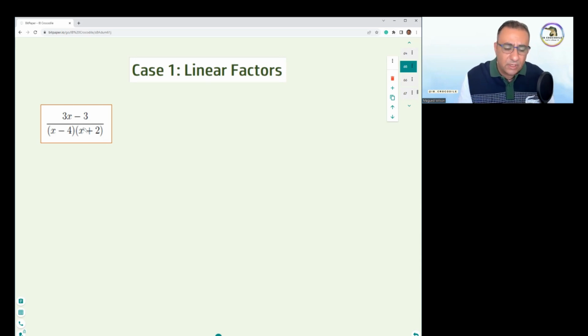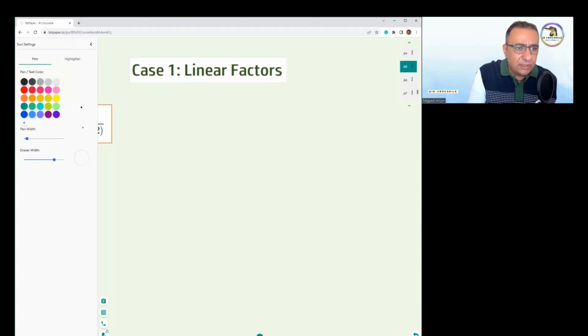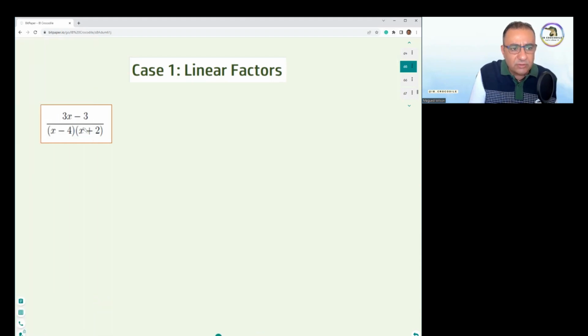because again x to the power of 1 here. So the layout or the form of this rational function is going to be: you start with a constant a divided by x minus 4, plus a constant b divided by x plus 2.